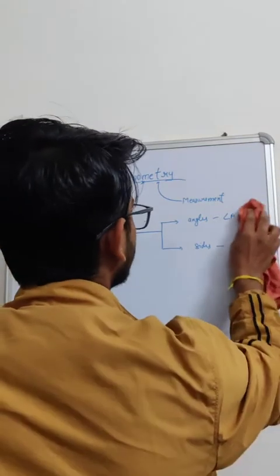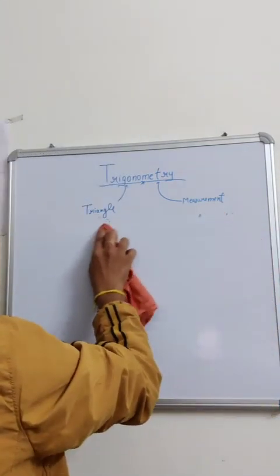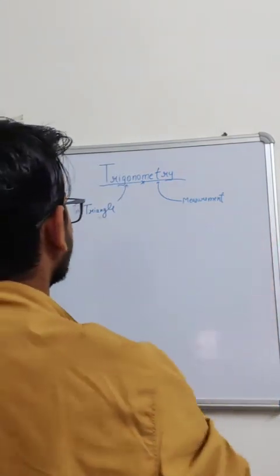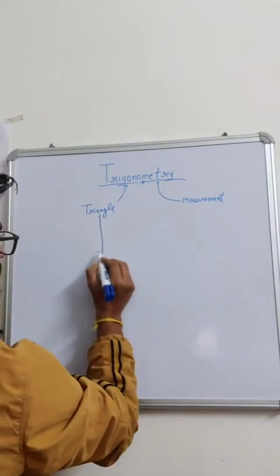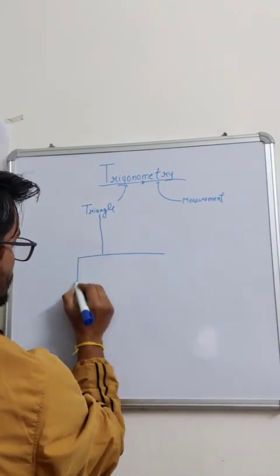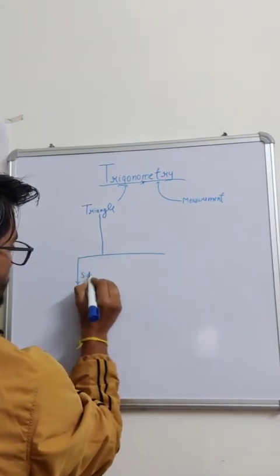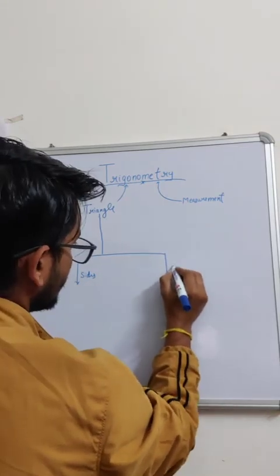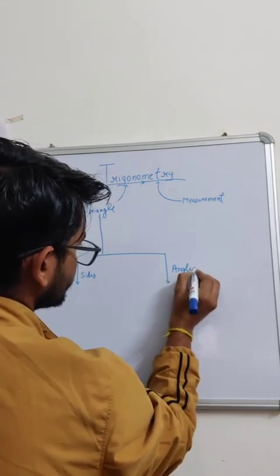First we'll see how many triangles are possible. We basically divide triangles in two parts on the basis of their sides and angles.